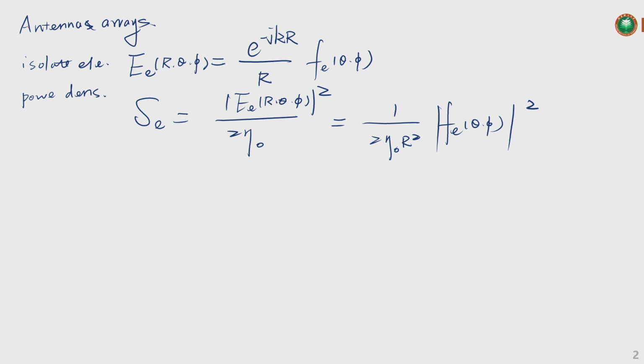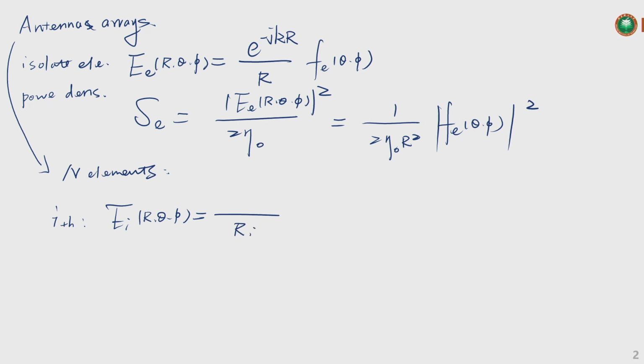However, if we have an array, for example with N elements, for each one of them, for example the ith element, expressed in r, theta, phi, the same thing, it can be expressed as e^(-jkr_i) times E theta phi.